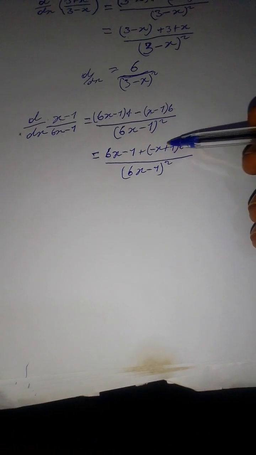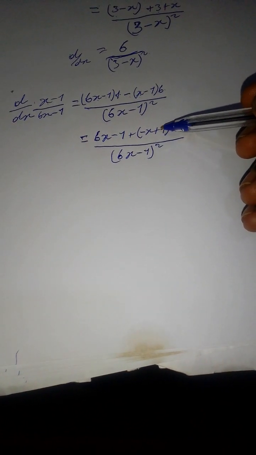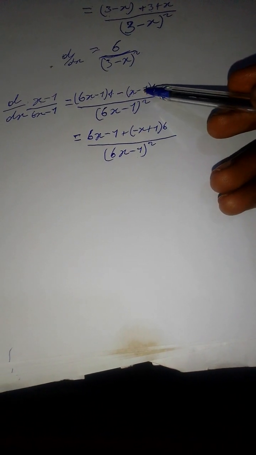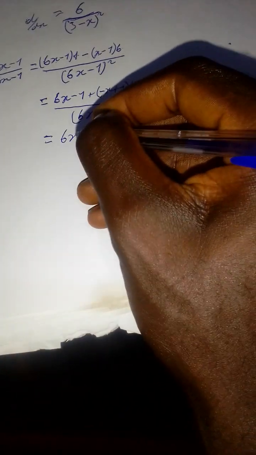Now this 6 we have to multiply by everything within the bracket. Notice the negative went through everything in the bracket. Now the 6 has to multiply. So we actually have 6x minus 1 minus 6x plus 6, divided by 6x minus 1, all that squared.